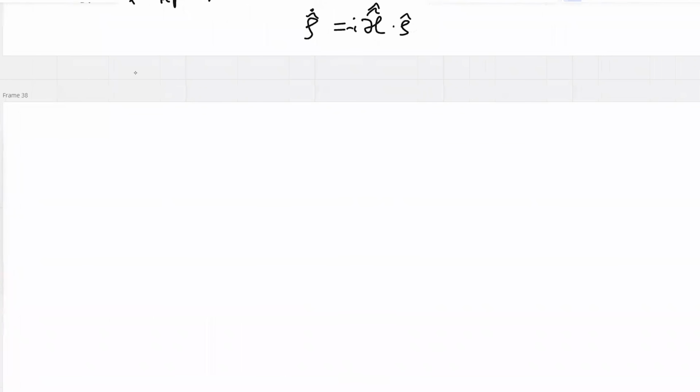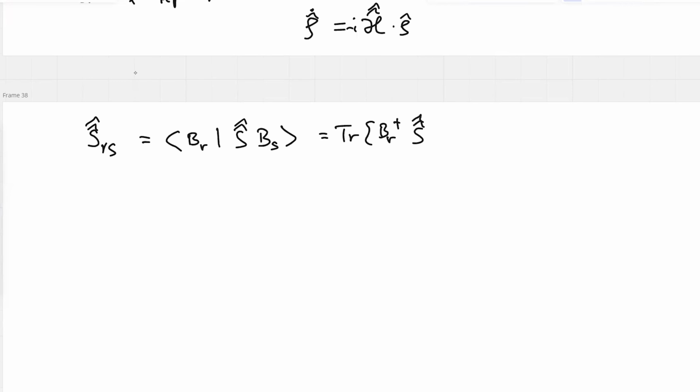Now we need to see how we write this Liouville superoperator. Its components, in essence, are described by the individual expectation values. If you have a superoperator S and the element Rs, then this can be written as the basis B_R times the superoperator acting on the base operator B_S. And that is simply, as you know, the trace of B_R dagger times the superoperator B_S.